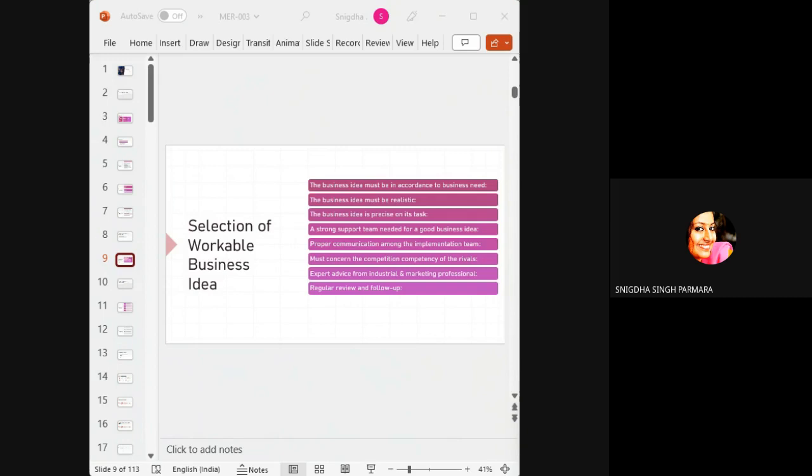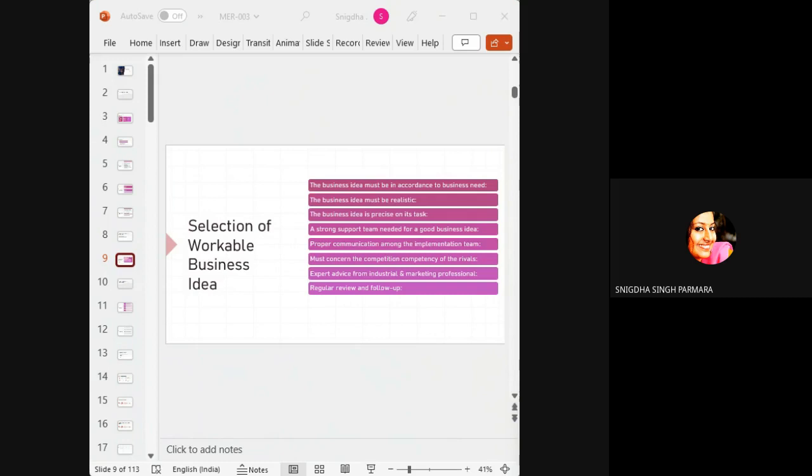This is in particular important for the seasonal products, for those which are going to be sold or which are going to find a place in the market only during their peak season and will vanish once the season is over. So the timing, the deadline, the precision matters a lot.